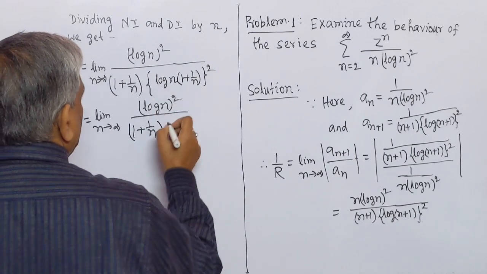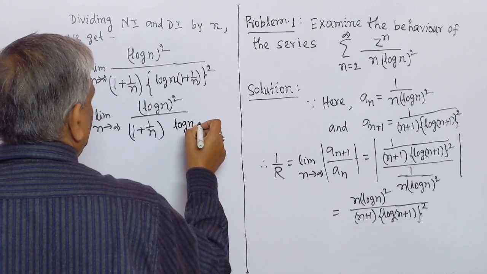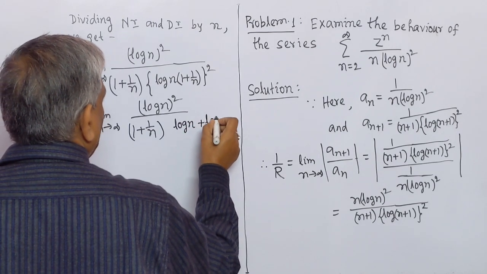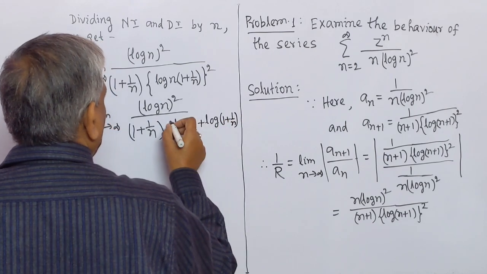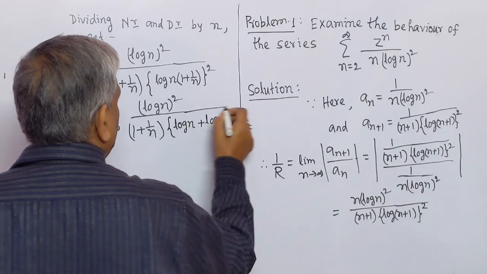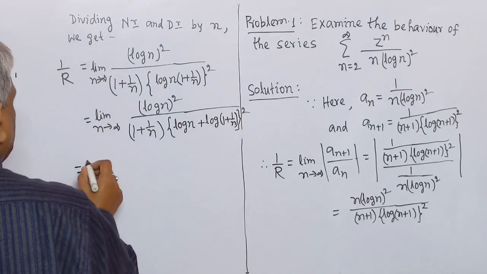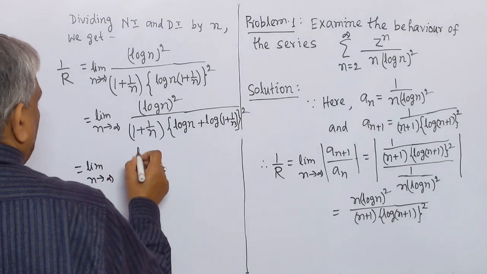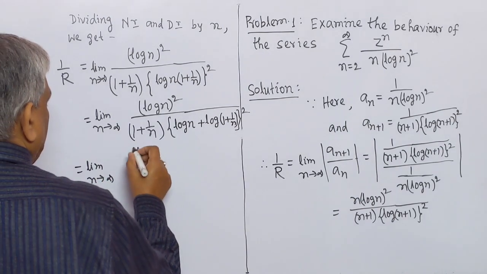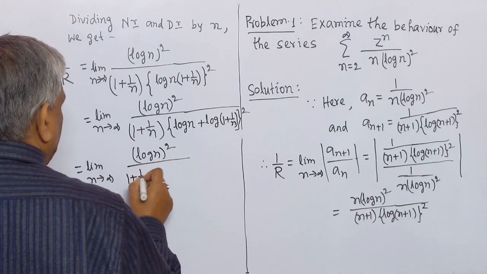Here we take log n plus log(1 plus 1 by n) whole square, equal to limit n tends to infinity (log n) whole square by 1 plus 1 by n.